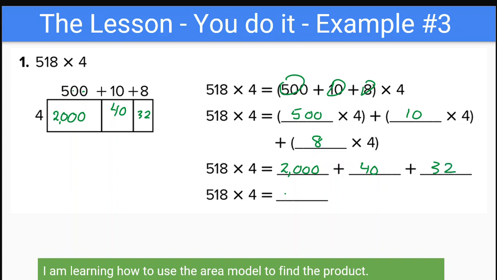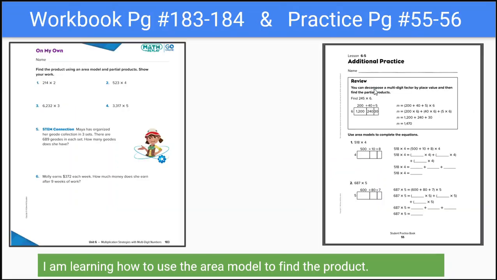And if you add them all together, you get your final product. Okay, and that's easy. We have 2,040 plus 32, so it's 2,072. Get it?